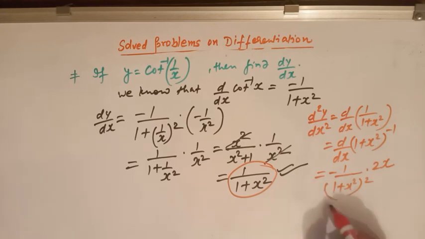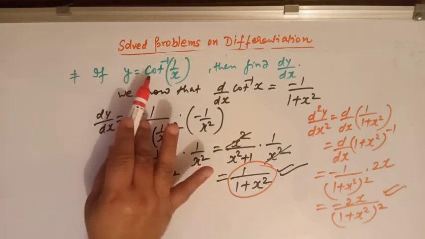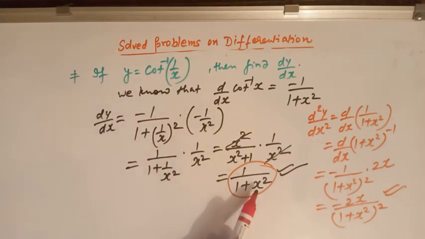Clear? So here we have minus 2x over 1 plus x square whole square. So this is the second derivative of this function. The first derivative is 1 over 1 plus x square, and the second derivative is minus 2x over 1 plus x square whole square. Clear?